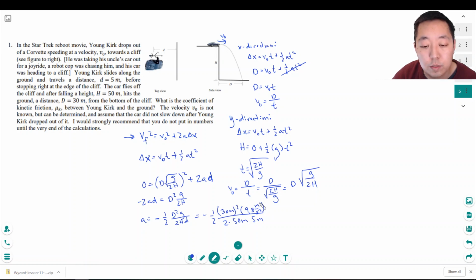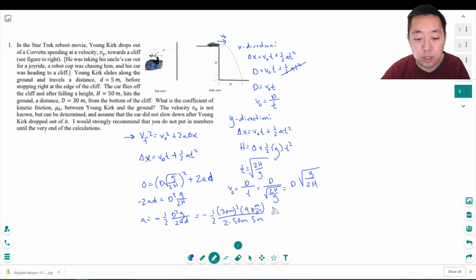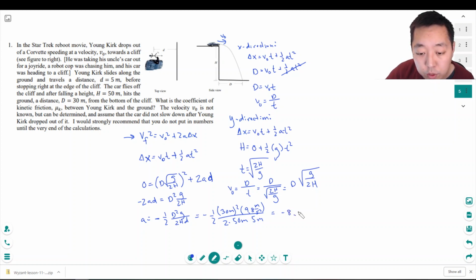That's meters per second squared. That is acceleration. Okay? And I'll use a calculator here. 30 squared times 9.8 divided by 50 divided by 5. Got negative 8.82 meters per second squared.